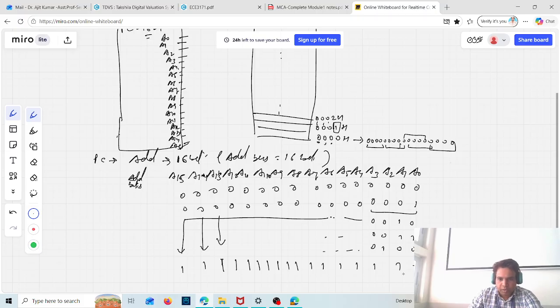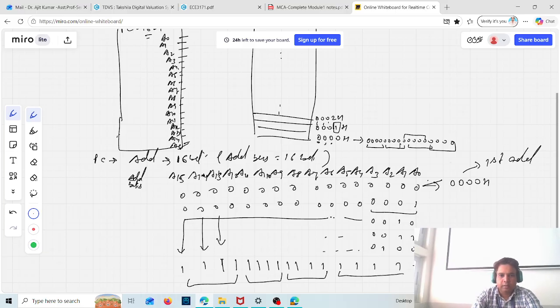Each group of four 1s is equivalent to F in hexadecimal, so the last address is FFFFH. This is the first address, 0000H, and this is the last address.